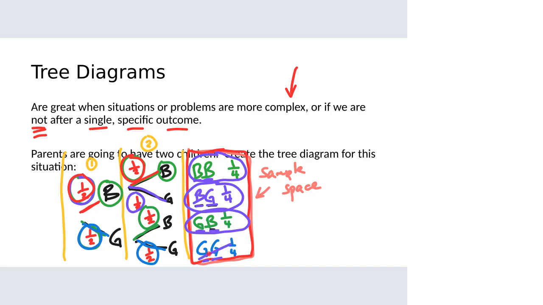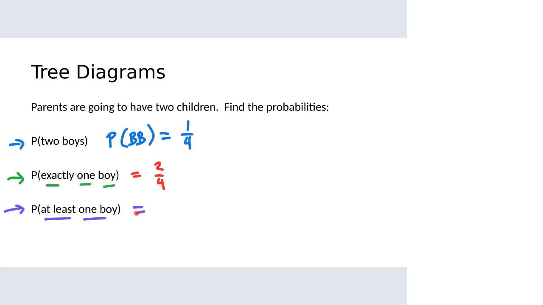Girl followed by girl. No, there's not one boy down there. So I could get at least one boy this way, or this way, or this way. So I need to add those probabilities together. And I'm going to have 1/4 plus 1/4 plus 1/4 is 3/4. The probability of getting at least one boy is 3/4.